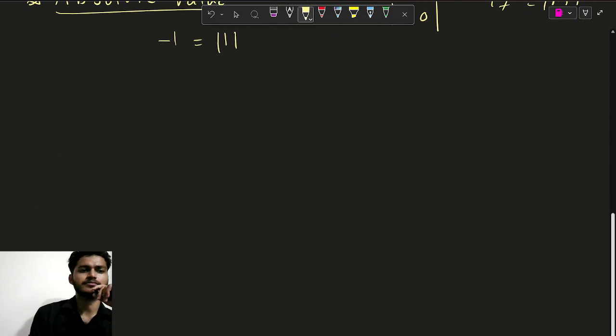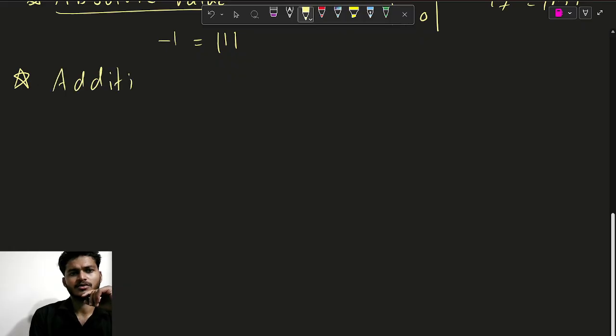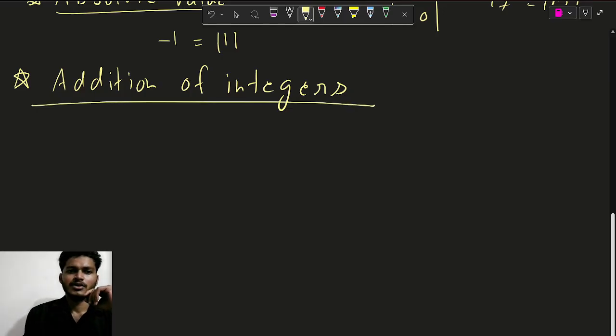Now if somebody is asking you how to add two integers, addition of integers. So see, what are the possibilities while adding two integers?